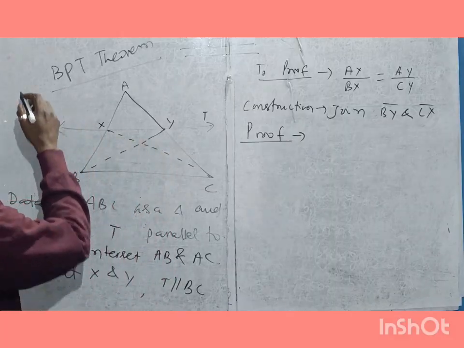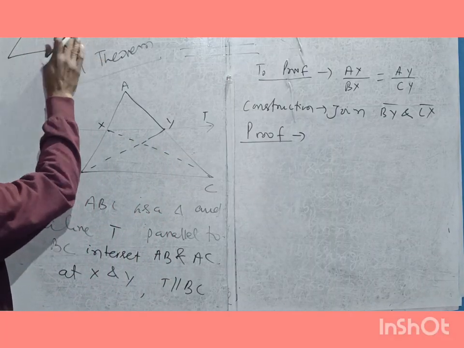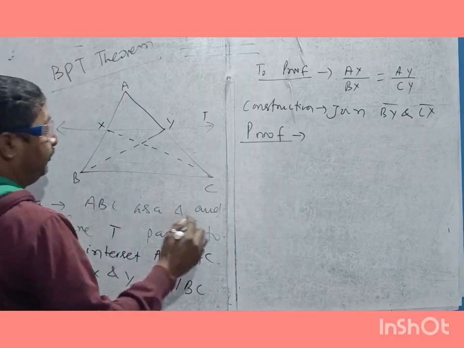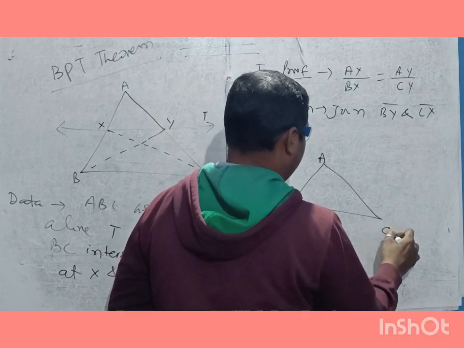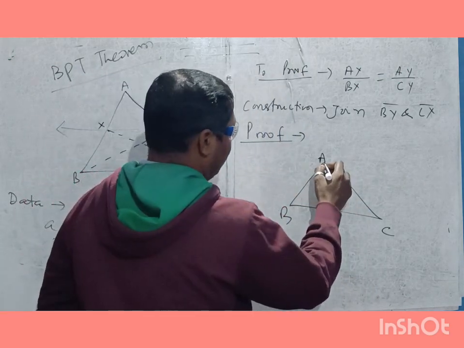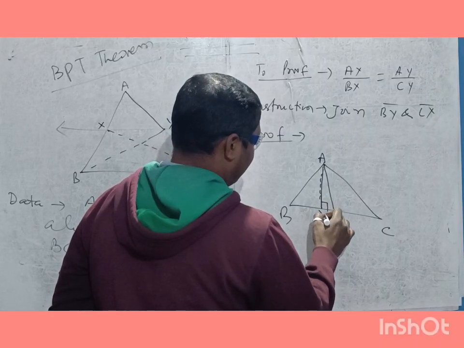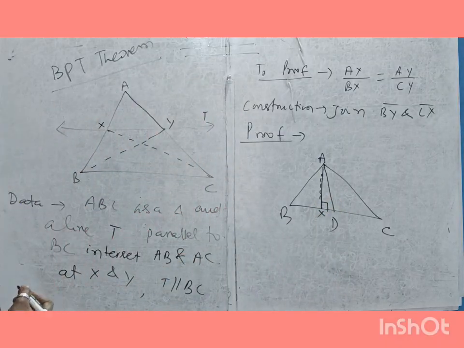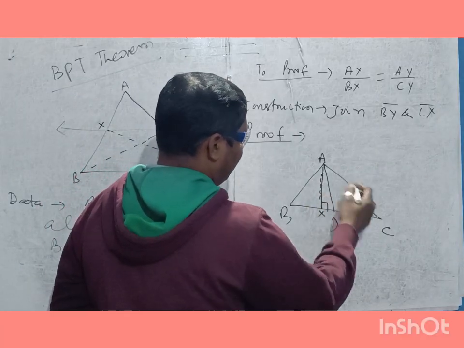See this figure. Suppose A, B, C and another point D, with a right angle at X. So take area of ABD and area of ACD.